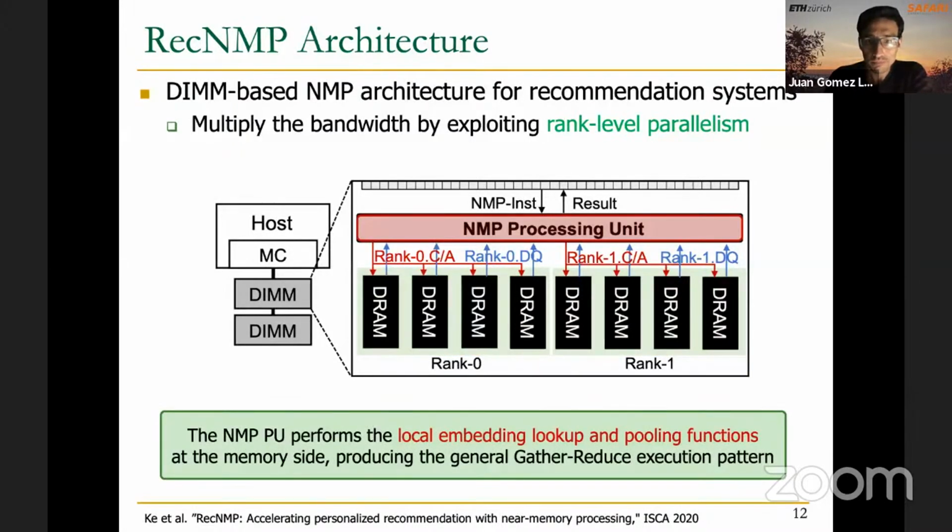And then these embeddings that are accessed from the ranks are processed by this NMP processing unit that resides on the DIMM as well. So these local embedding lookup and pooling functions are executed at the memory side, producing this gather-reduce execution pattern that I mentioned before.